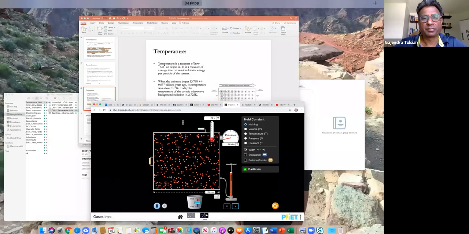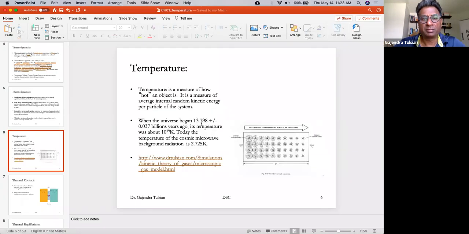Here are just some fun numbers. When our universe began in a Big Bang 13.8 billion years ago, the temperature was estimated to be 10 to the 39 Kelvin. And today, the microwave background radiation has a temperature of 2.7 Kelvin.